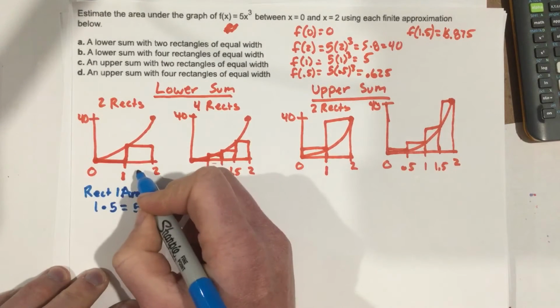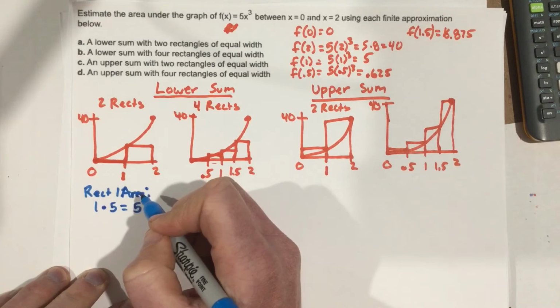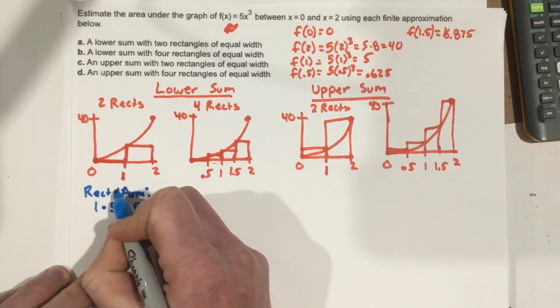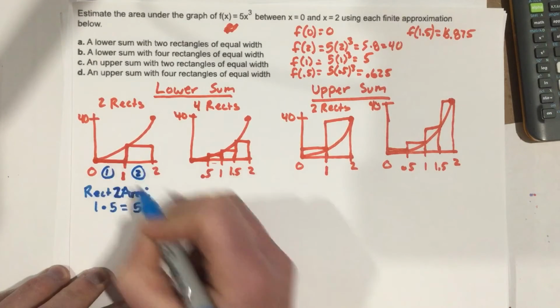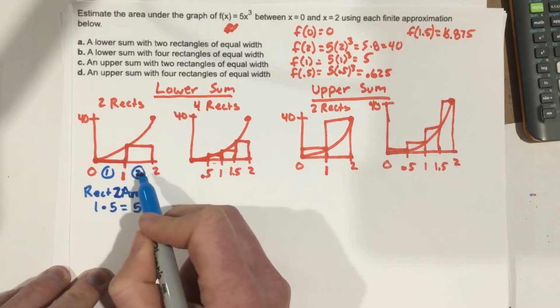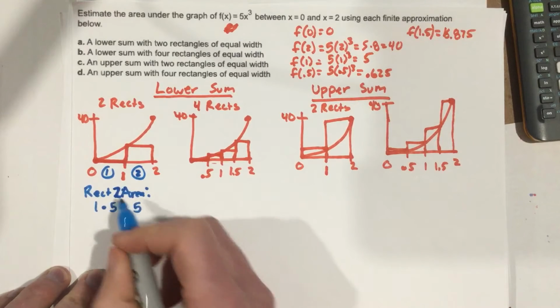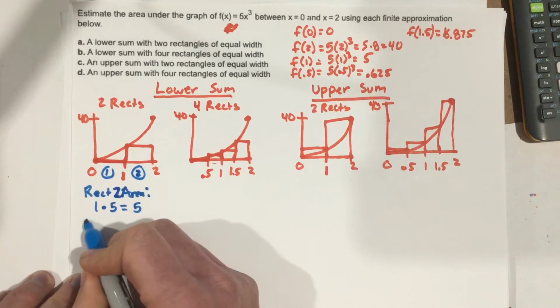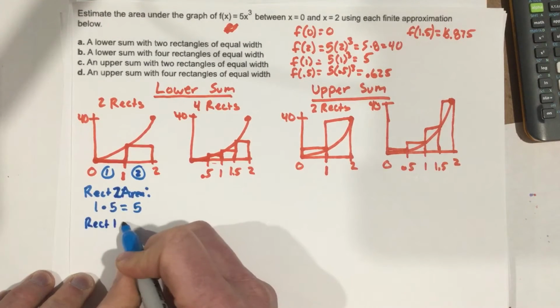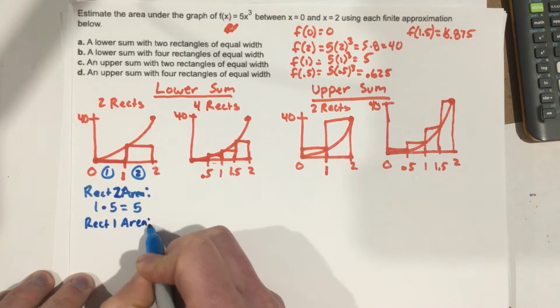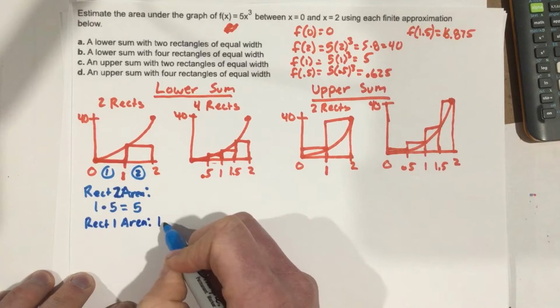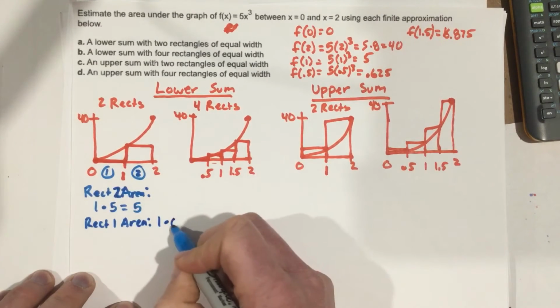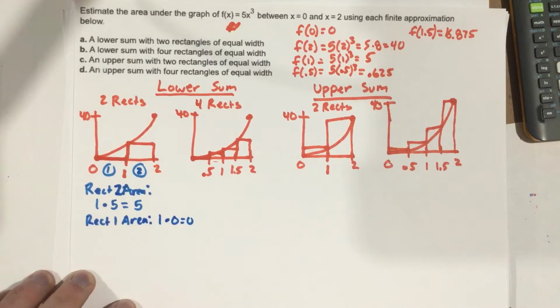So our rectangle 1's area is 5. Our rectangle 2, sorry, I screwed that up. That's rectangle 2. We're going to label these. That's 2, that's 1. All right, rectangle 2's area, this one right here, would be 1 for the width times 0 for the height, so we end up with 0 there.